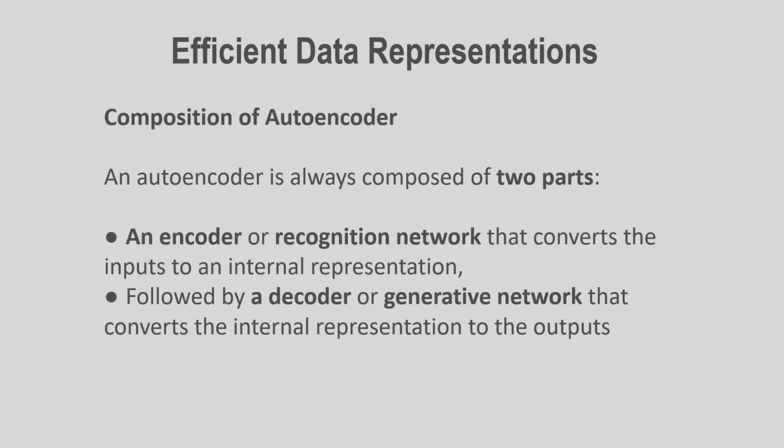After this, the next component is a decoder, also called a generative network, that converts the internal representation to the outputs. So I have one encoder and another one, a decoder, in the autoencoder. One is for compressing the input data, and then a decoder, or generative network, which can convert the internal representation to the outputs.